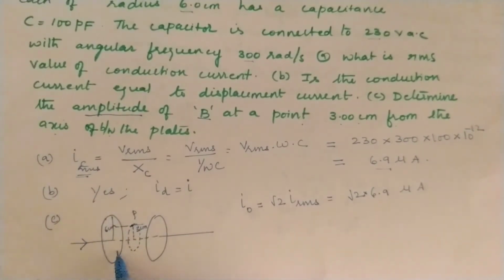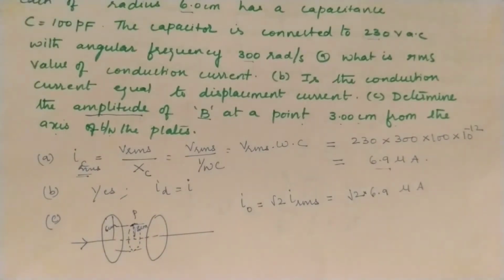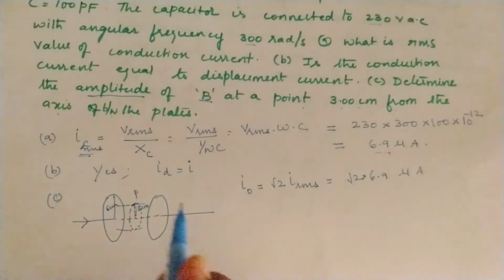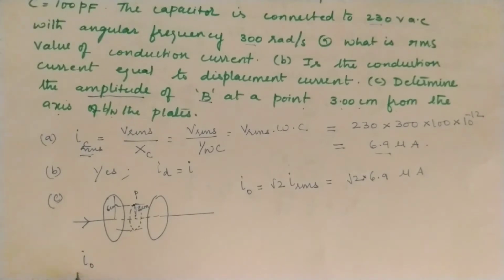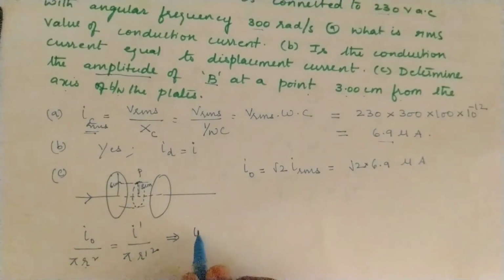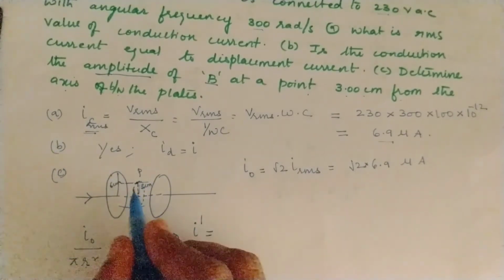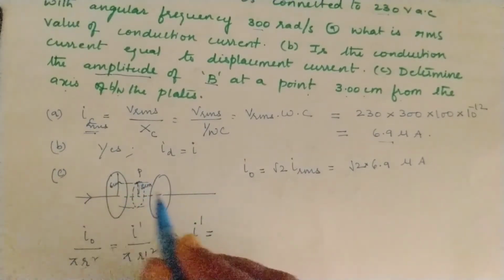But this is the current distributed throughout this circular region or a cylindrical region of radius 6 centimeter. We want current in the cylindrical region whose radius is 3 centimeter. So make use of current density to calculate the current. Total current by total area should be I dash divided by pi into R dash square. Okay, we know capital R is 6 and R dash is 3, implies I dash, current which is passing through a circle of radius 3 centimeter.